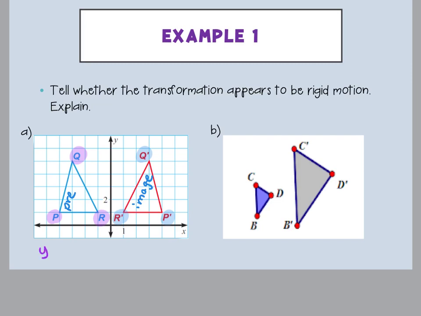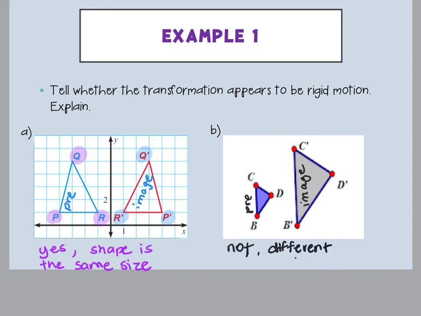So this is rigid. The shape is the same size. How about B? If this is my pre-image and this is my image, are they the same size? Definitely not. These are not rigid, and the reason is the size is different, the shapes didn't stay the same.